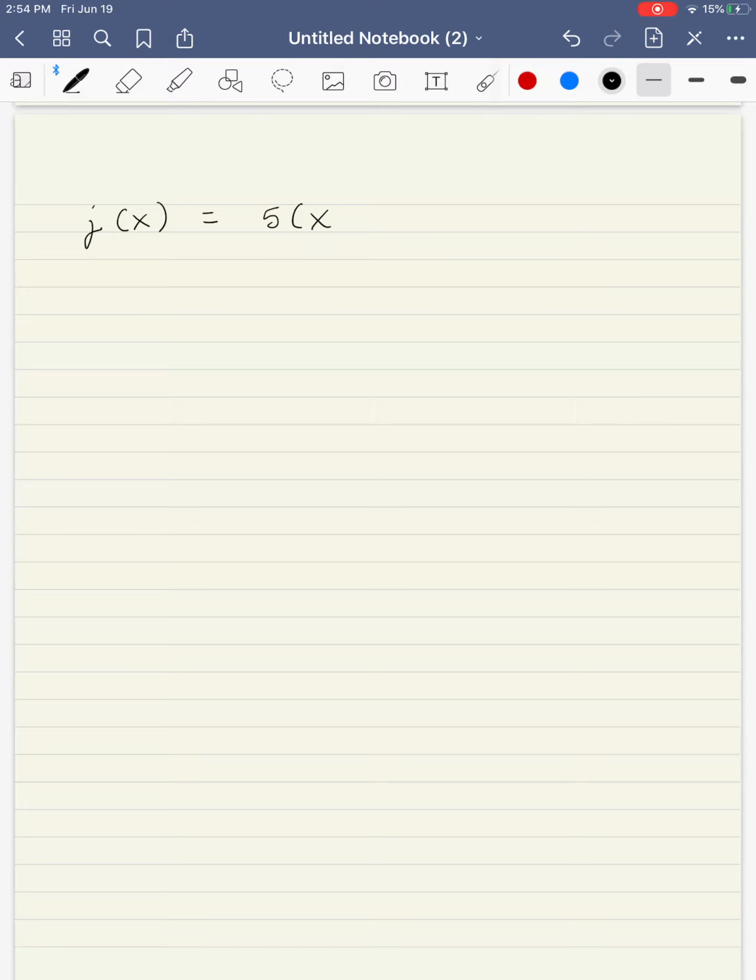J of x equals... I want you to write the vertex. I want you to write if it opens up or down. I want you to write the axis of symmetry.